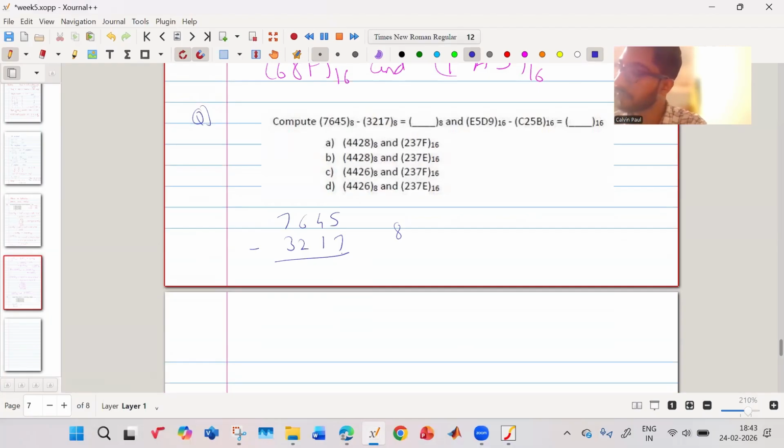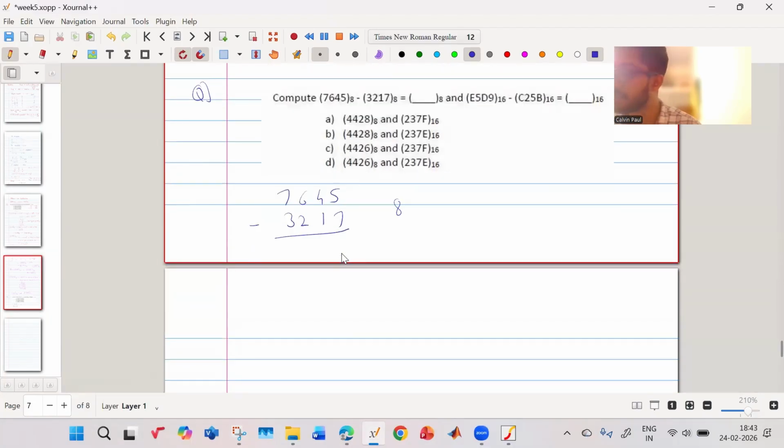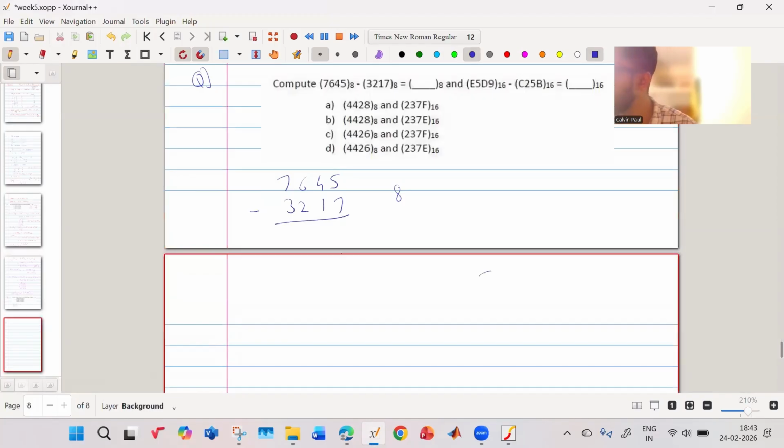So now, let us do it in terms of 10. Let me signify what it means. Suppose you are doing 7645 minus 3217 normally, what do you do? 5 is less than 7, so you borrow. So you make this 3 and you make this 15. 15 means 10 plus 5.